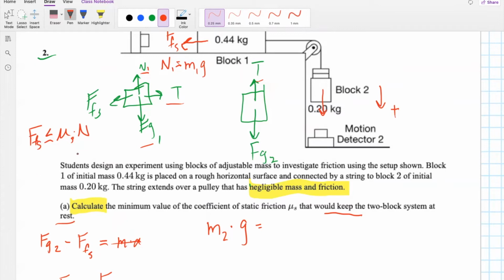That the static friction force is going to be less than or, at a maximum, equal to mu static times m1g. So we'll go ahead and substitute that in the actual space we were working with. So that becomes mu static, and we put the little subscript there so that we know, m1g.